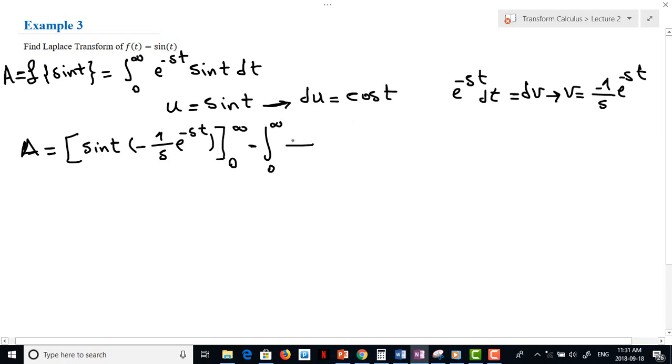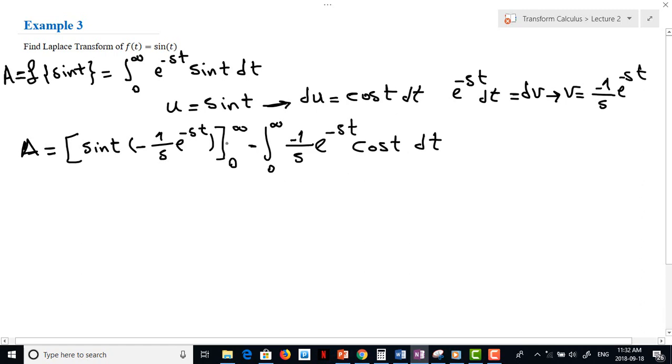So v is minus 1 over s e to the power of minus st, and du is cosine t. So sorry, here when we have u is sine t, du is cosine t dt. So times dt.